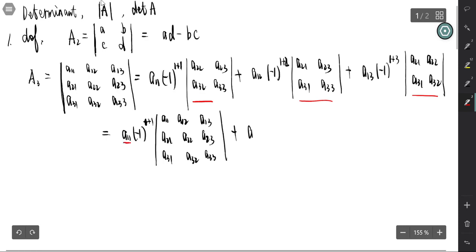Because this is a11, we cancelled the first row and the first column, and the remaining is the determinant a22, a23, a32, a33.